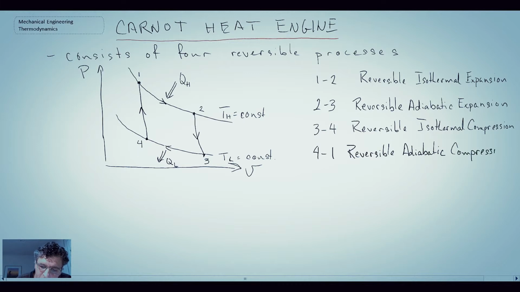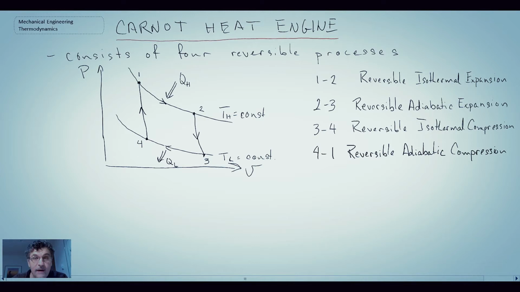So with the compression process, the gas is getting hotter. It's adiabatic, and so the result of that is the temperature of the gas, or of our working fluid, is increasing. And that's why we go from isotherm TL up to isotherm TH through that process. So that is the 4 components of the Carnot heat engine cycle.